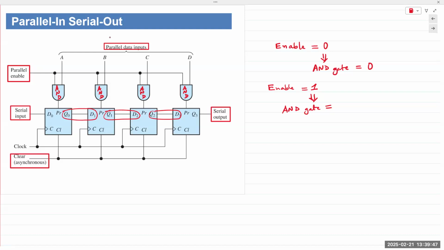So using this connection permits us to send our data through only when the enable pin is high. And so the AND gate output would be equal to the parallel data input.